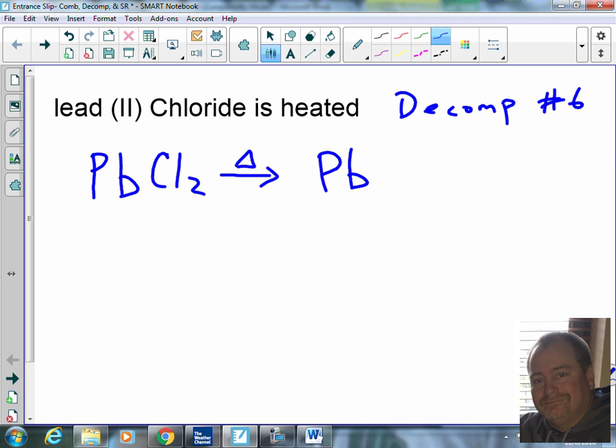Do I need to signify which lead? Absolutely not. And it's also going to give me chlorine. But remember, chlorine is a super 7. Did you remember chlorine was a super 7? Remington? Writing 2Cl is wrong, because you didn't put chlorine as a diatomic.